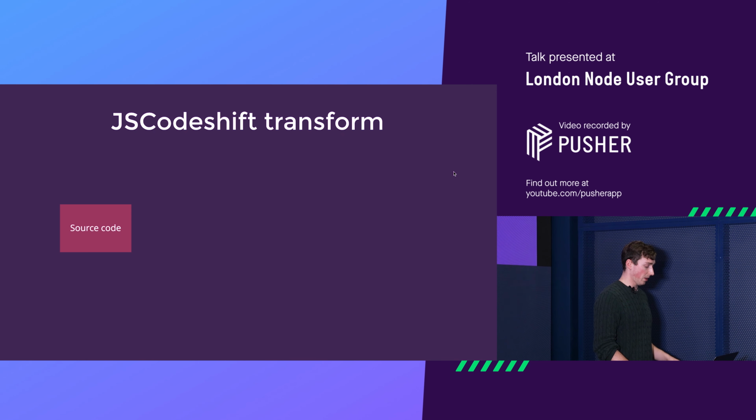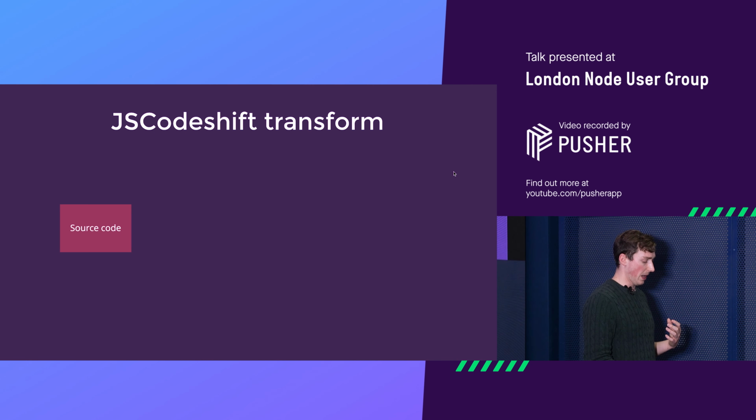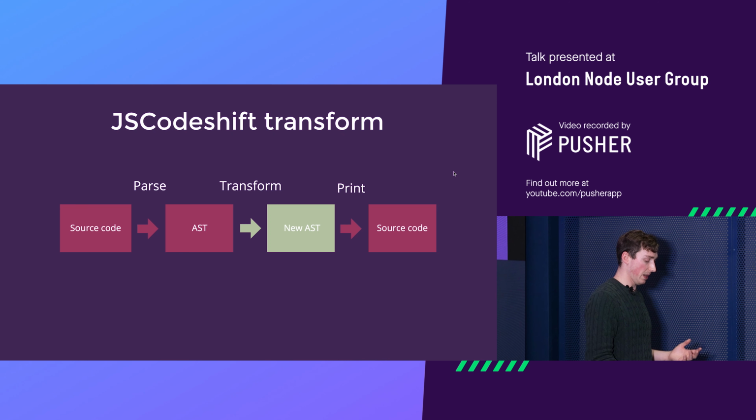So the way that jscodeshift works, it's a CLI tool. I think there's a JavaScript API as well, but the way that I work with it is you run it, and it will find all of the files matching a glob pattern that you give it. It will find the file, parse that file into an AST, and then perform a transform to generate a new AST before printing it back into source code and effectively changing the source code in place.